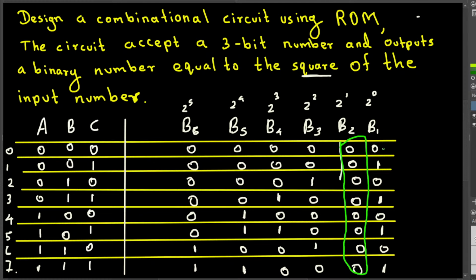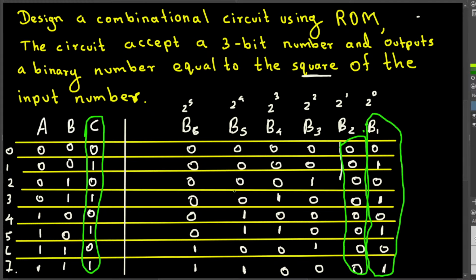And if you look at B1 and C, you compare B1 and C, both of them are exactly the same. 0, 1, 0, 1, 0, 1. So we can connect the B1 to the C. And others, I don't see anything matches this pattern. So we keep it as it is and design the circuit.